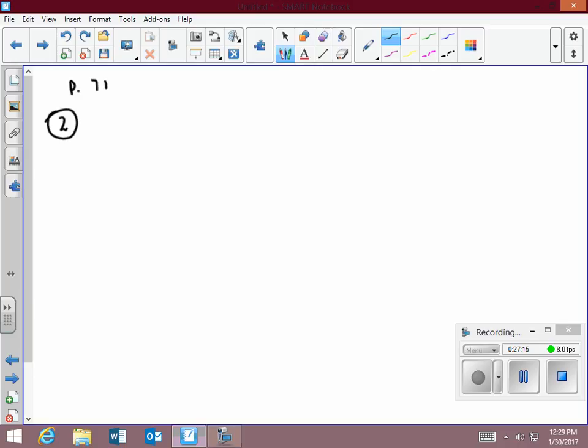Now 6 is a problem where it says you have to use a protractor and measure the angles on the sides. So we're not using a protractor, so that's just not something we're going to do. 8. And it says the measures of angle ABC are given.